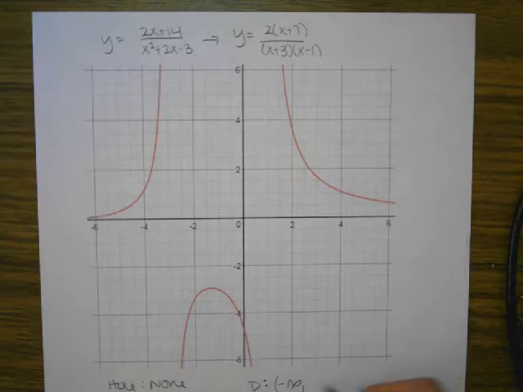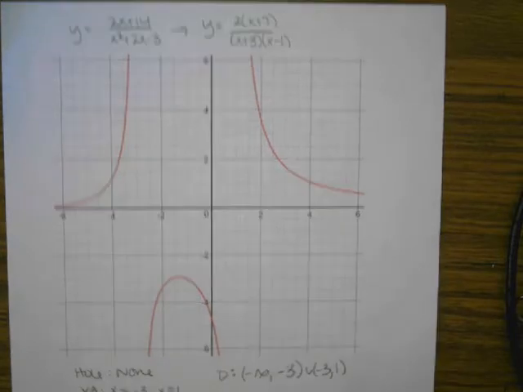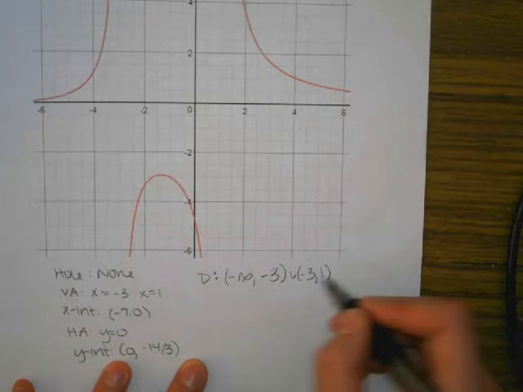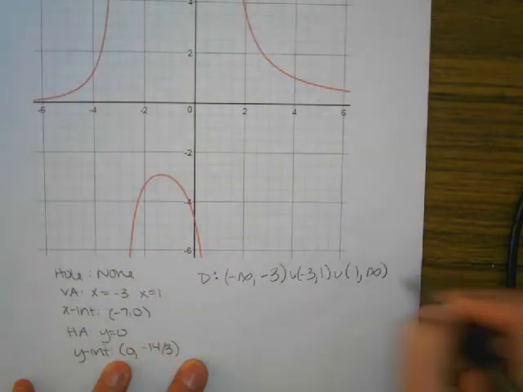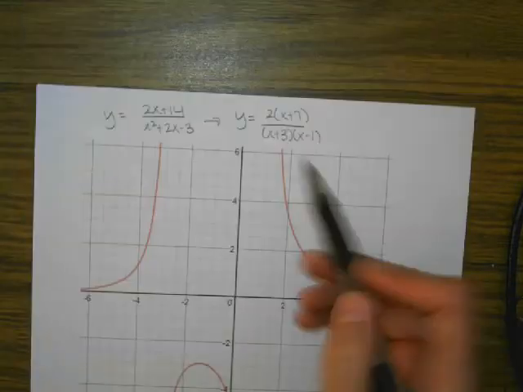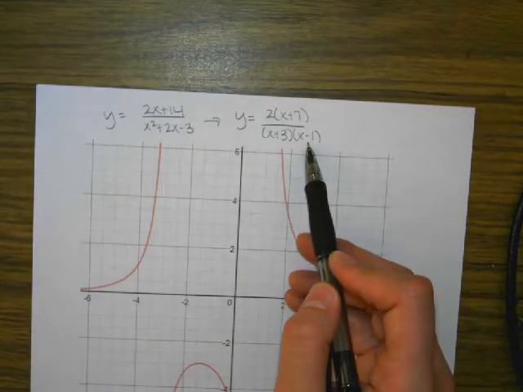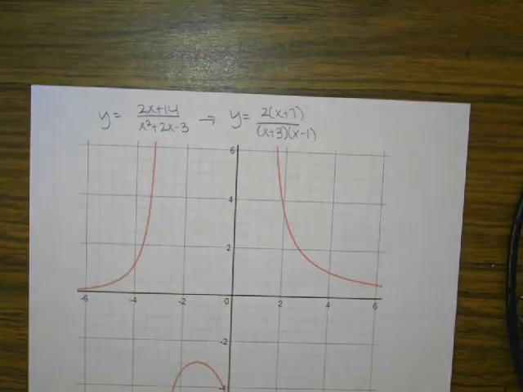Negative 3. So negative infinity to negative 3, negative 3 to 1, and then 1 to infinity. And the reason that is because we have an excluded value at negative 3 and an excluded value at positive 1, right? Okay. I'm going to give you guys one more to try.